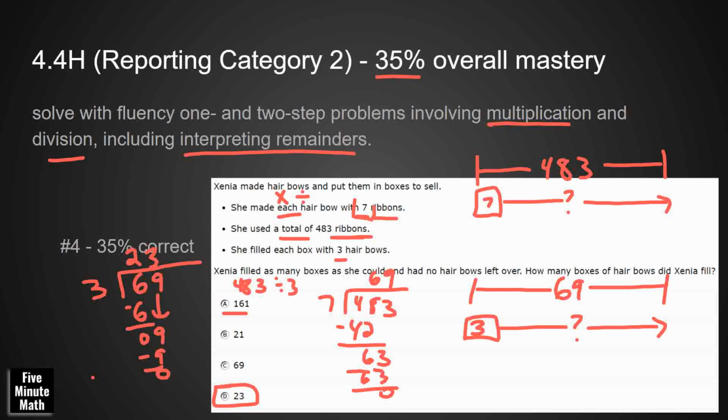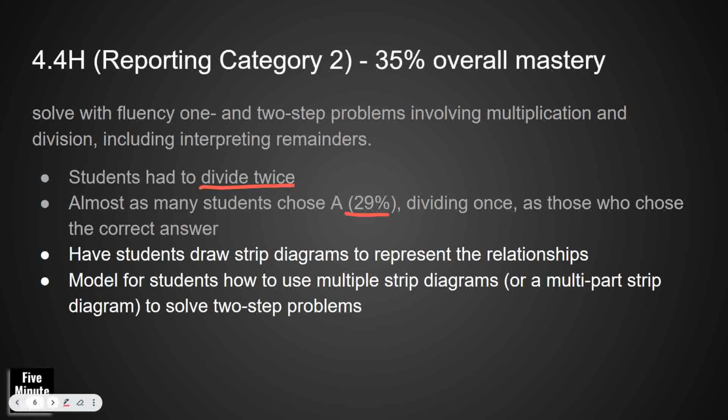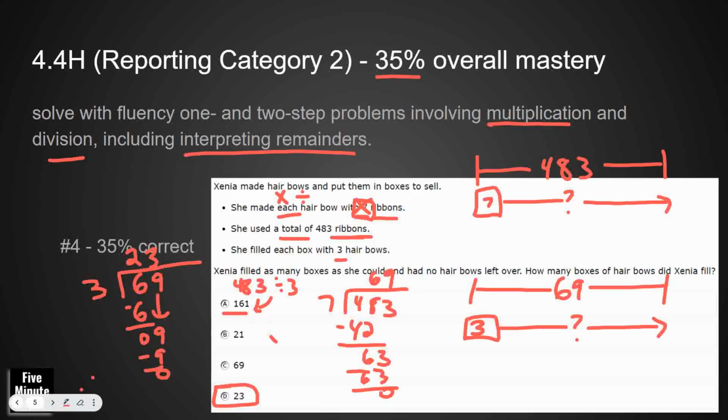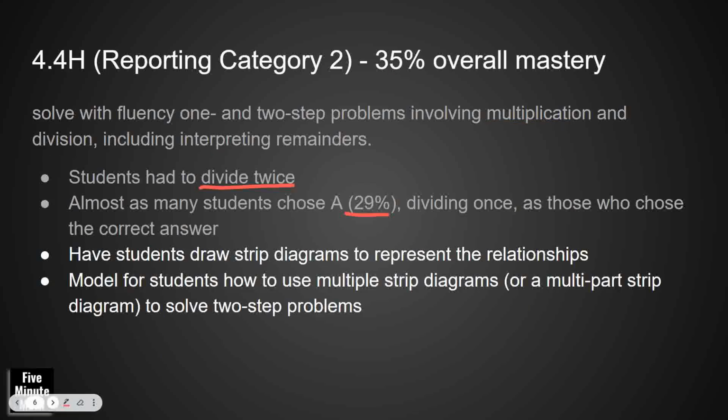If you do your 483 divided by 3, you get your 161. So they knew division was there somewhere. They only wanted to do that one time, though, and that was 29% of our students that got A, almost as much as those that got the correct answer.